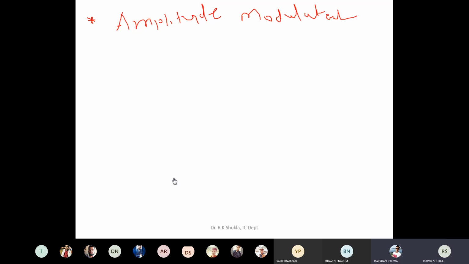Okay, good. Combining two other frequencies, that is what his answer is. So the modulation of a wave by varying its amplitude. Yes, the modulation of a wave by varying its amplitude.